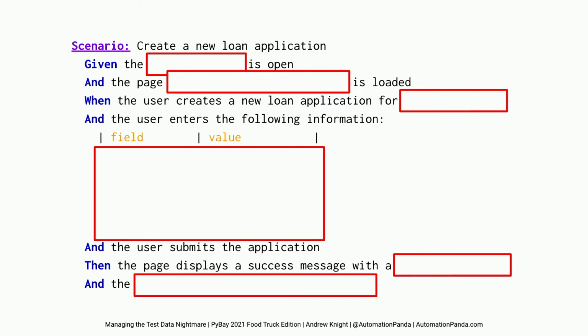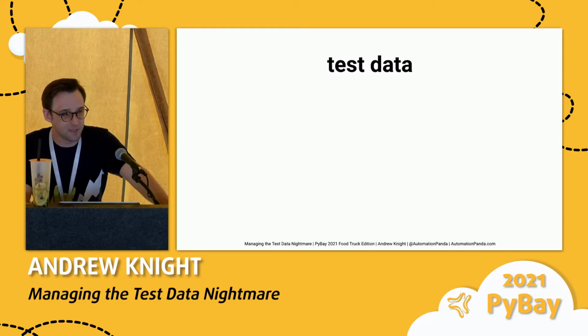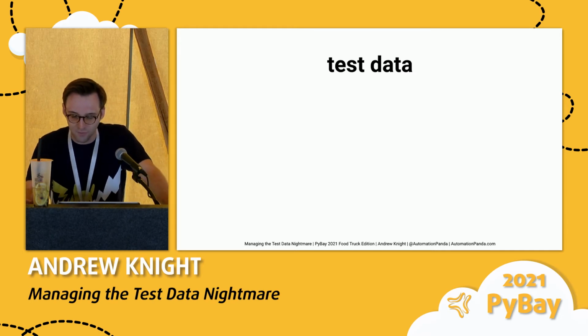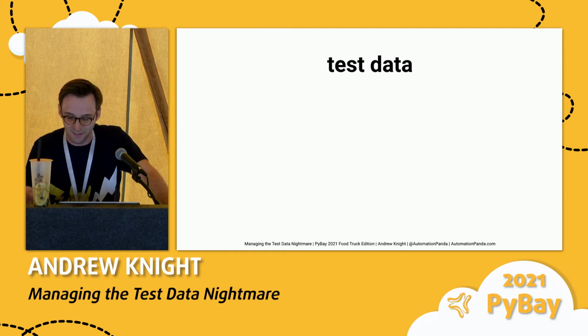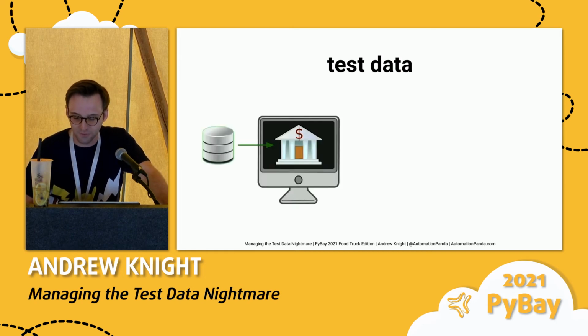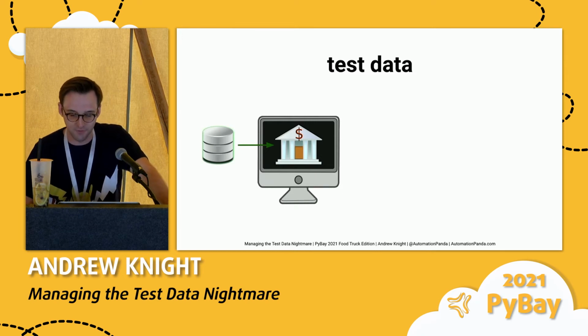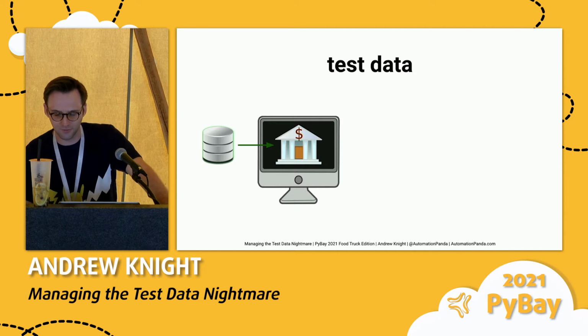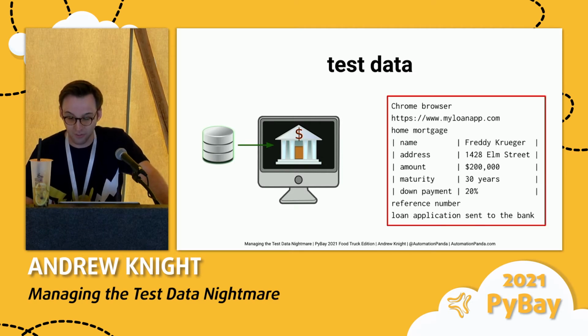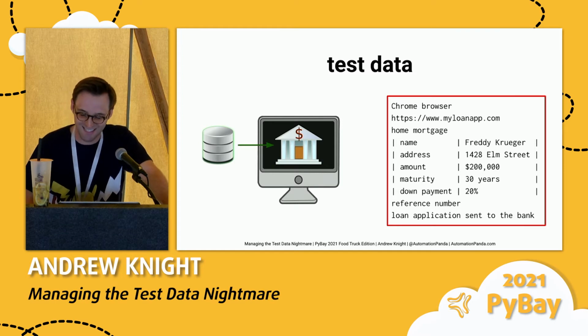Unfortunately, the term test data is rather ambiguous. It's a bit of a pet peeve of mine. We've applied it to both the product data in the loan web app as well as to the various pieces of test case data that make even the most basic test work. Product data refers to the real data living in the software system. For the loan web app, product data includes all the bank's configurations and lending information. Test case data, on the other hand, refers to data used to define test cases.